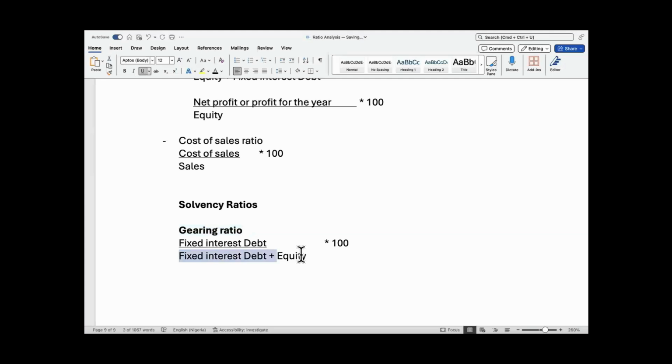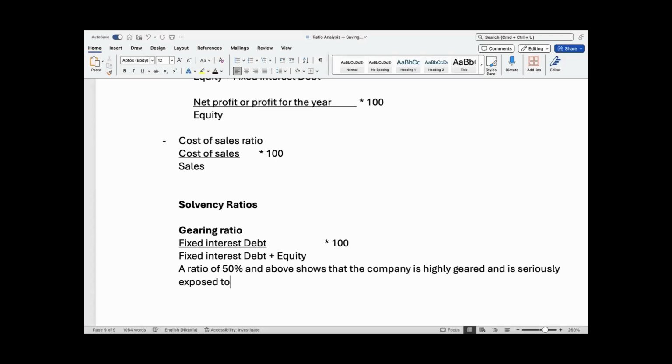So a ratio of 50% and above shows that the company is highly geared and is seriously exposed to financial risk.